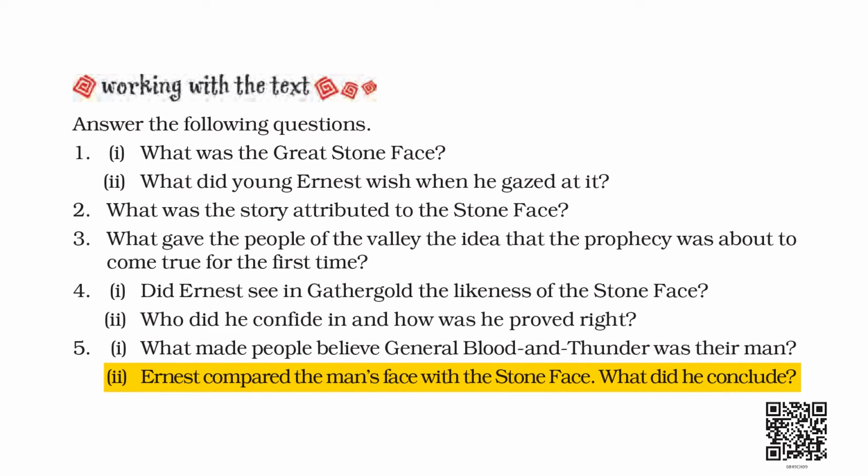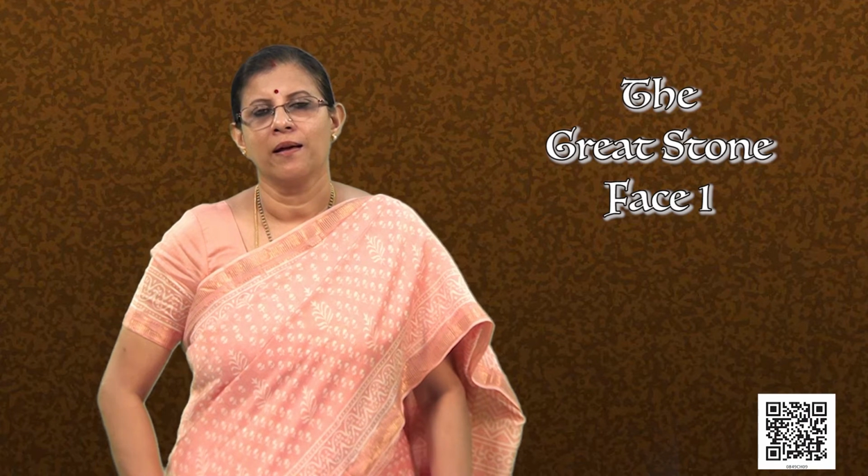Part 2. Ernest compared the man's face with the stone face. What did he conclude? When Ernest compared the general's face with the stone face, he didn't find any resemblance. Yes, we know that from the story.